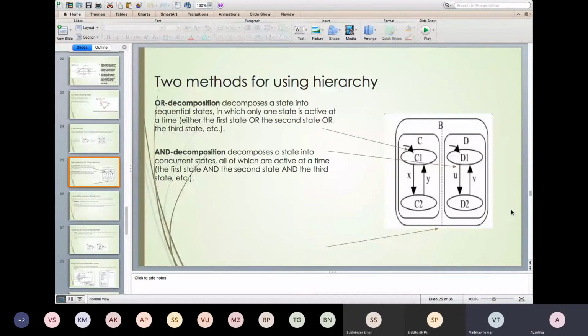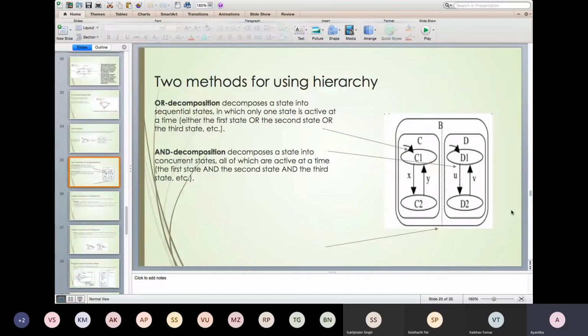So here, if we think about this diagram, this base state we are decomposing into C and D. Now inside C, among C1 and C2, at a time one state can be active, either C1 or C2. From D also, either D1 or D2. One state at a time can be active. So this decomposition is of course OR decomposition.